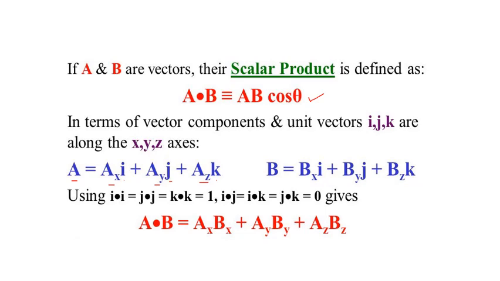So vector A is split into three components, that is AX I, AY J and AZ K. In a similar way, we divide vector B into three components, that is BX I plus BY J plus BZ K.